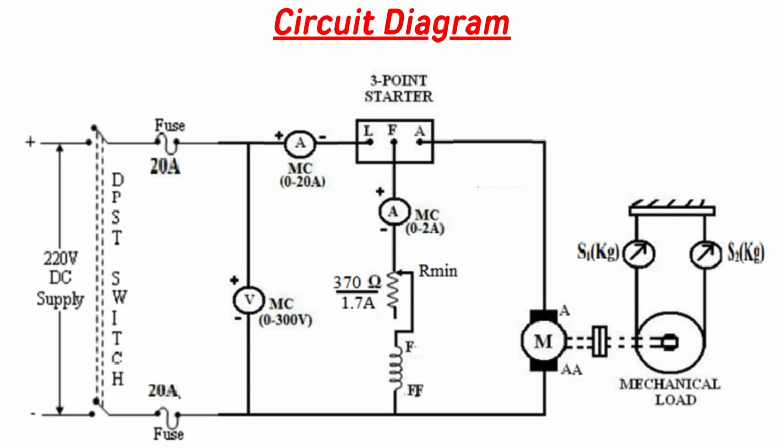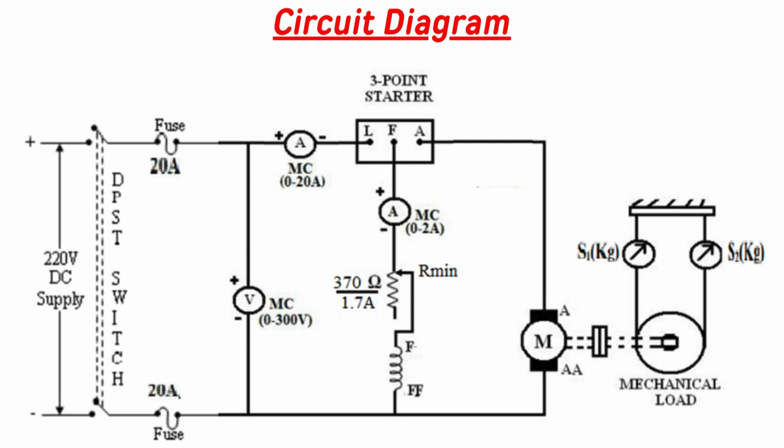DPST switch is nothing but a double pole single throw switch, which is connected through fuses. The rating of the fuse is 20 amperes. Since the DC shunt motor rating is 20 amperes, that's why we are placing a fuse of 20 amperes.